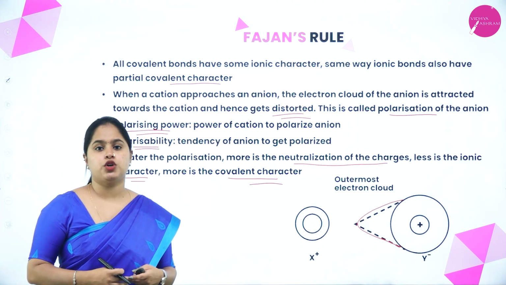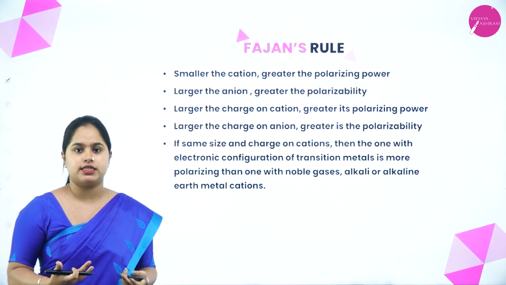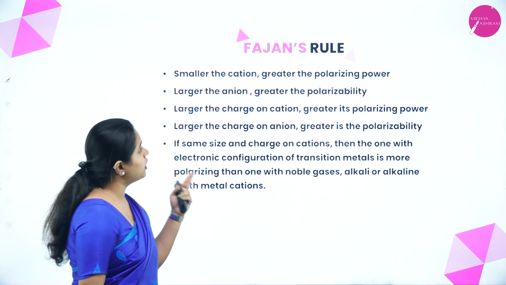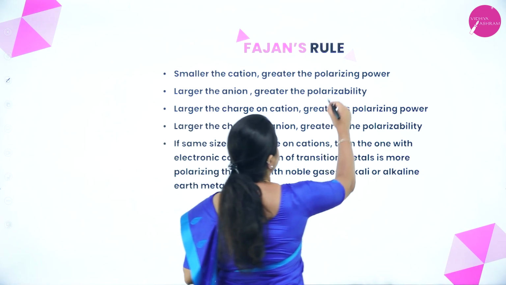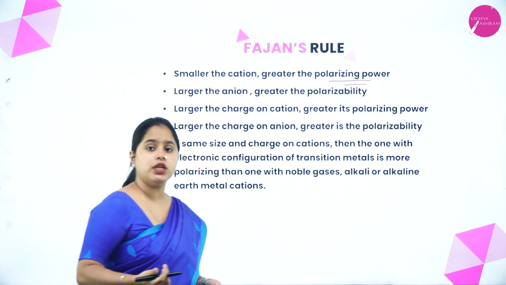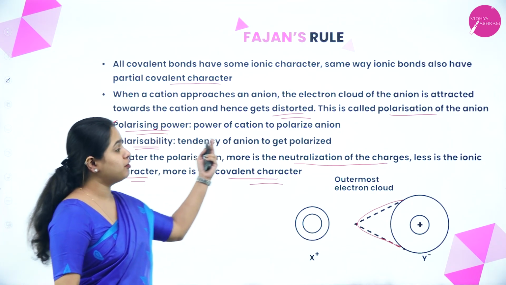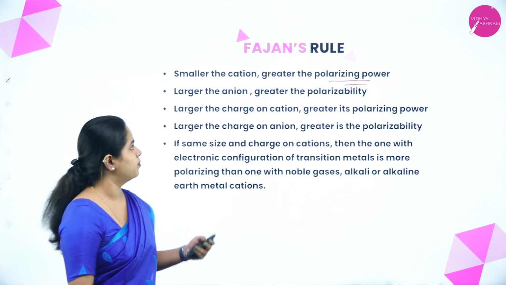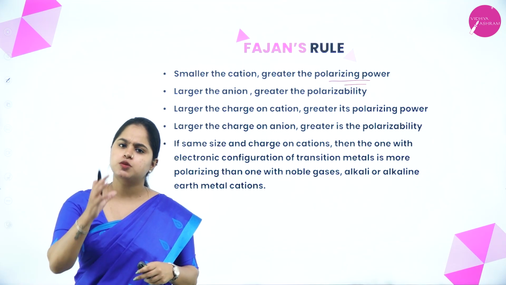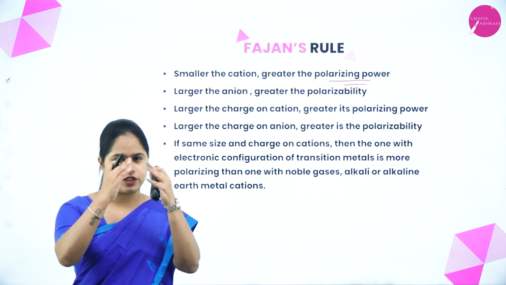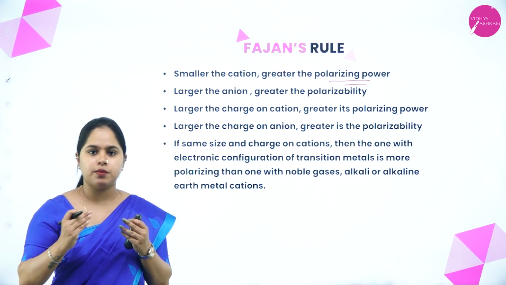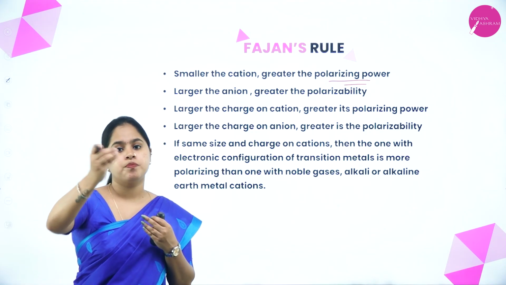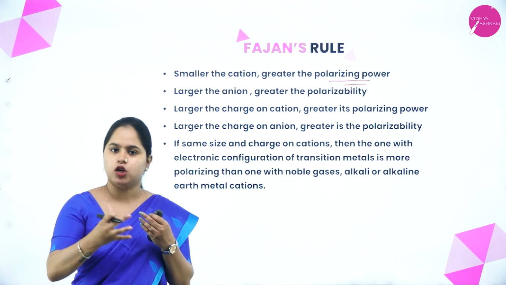Now, moving on to the factors on which this polarization depends. Smaller the cation, greater will be the polarizing power. What did we study about polarizing power? The power of the cation to polarize the anion. Smaller the cation means that the size is small, so the nucleus and the outermost electron will be very close to each other.